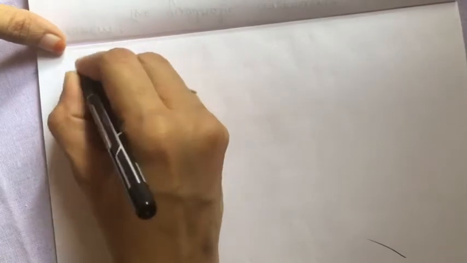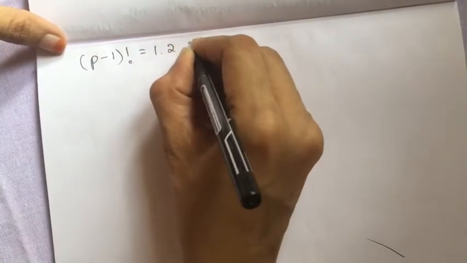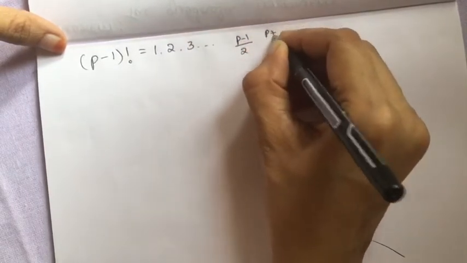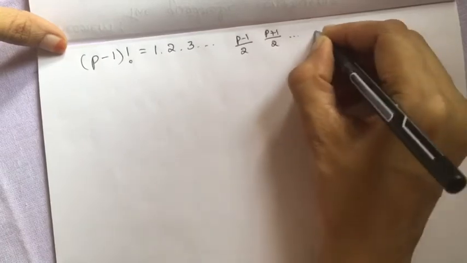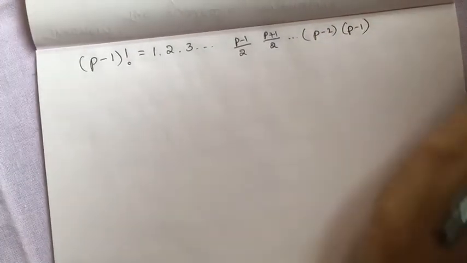Okay, so in the opposite direction, I can write (p minus 1) factorial as 1 into 2 into 3 up to (p minus 1) by 2, (p plus 1) by 2, into p minus 2, into p minus 1. I can write it like this.